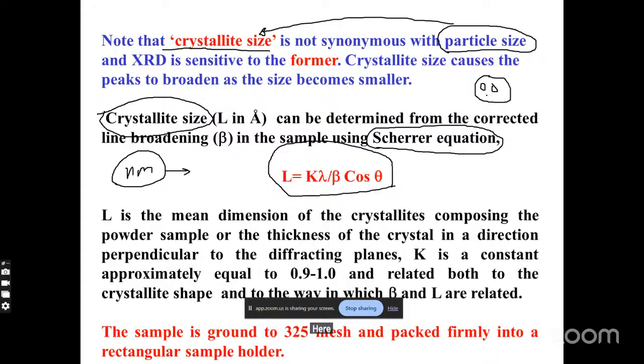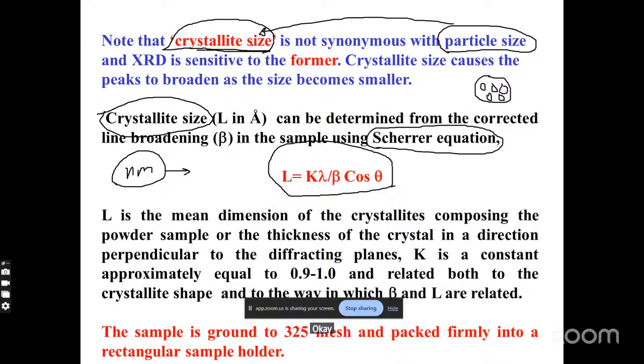Here in XRD we are mapping the size of the bundi, not the particle, because this is the zone in which all the grains are aligned repeatedly. There is no disturbance in the crystallite, so you can have many unit cells repeated in the same manner.